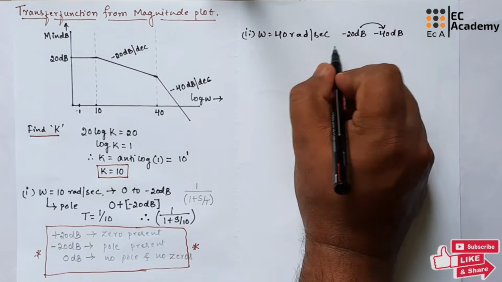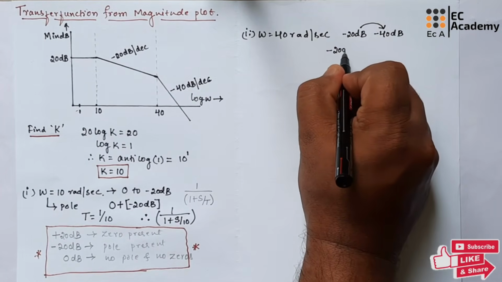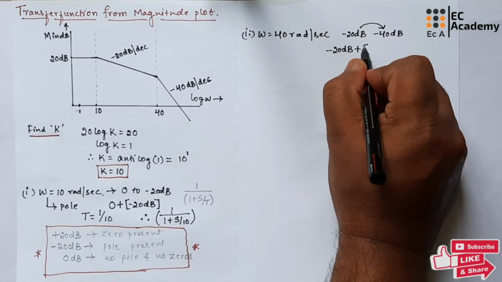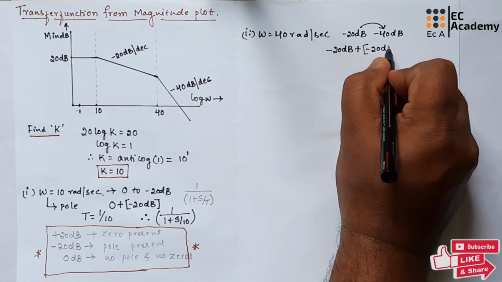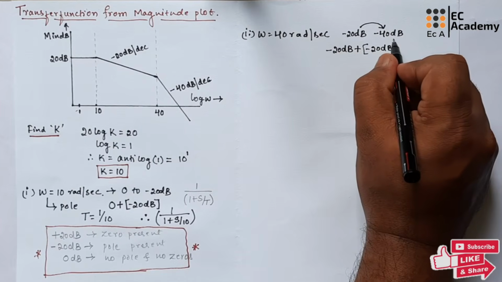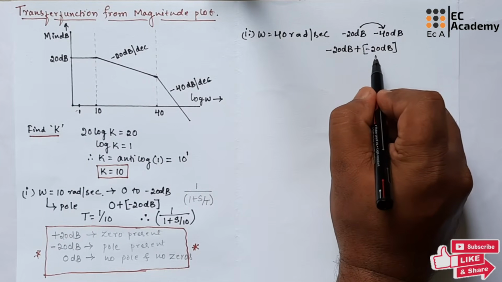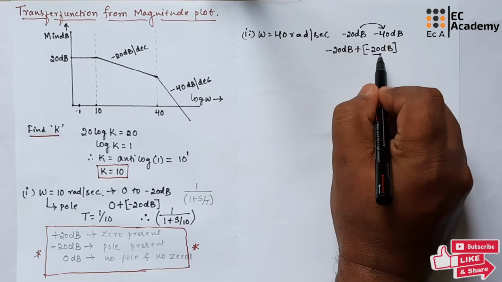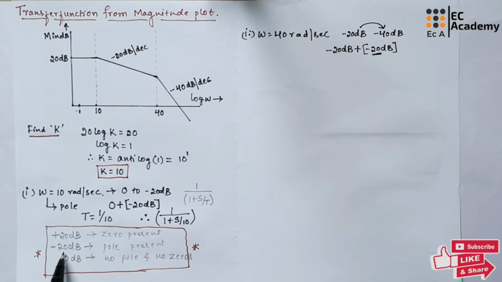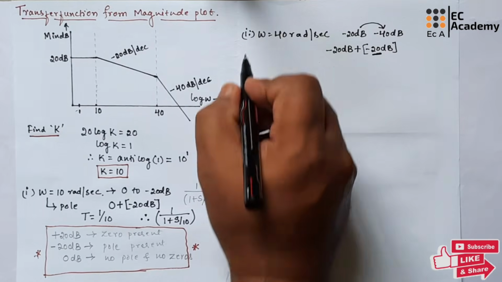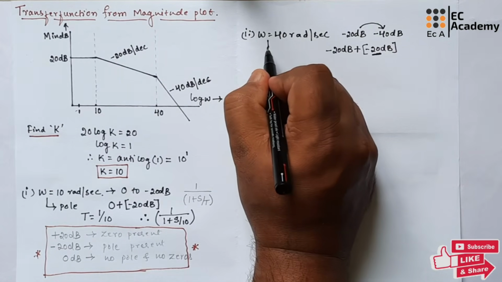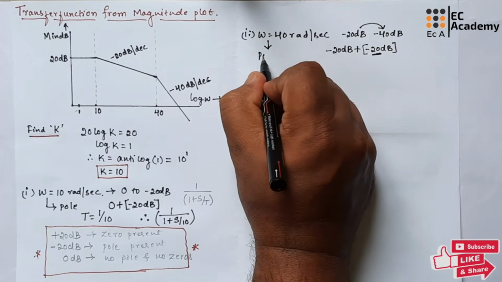For this minus 20 dB, if we add minus 20 dB, we'll get a slope of minus 40 dB. So there is a change in slope of minus 20 dB. If there is a change in slope of minus 20 dB, it means a pole is present. That's why we can say omega is equal to 40 radians per second is a pole.